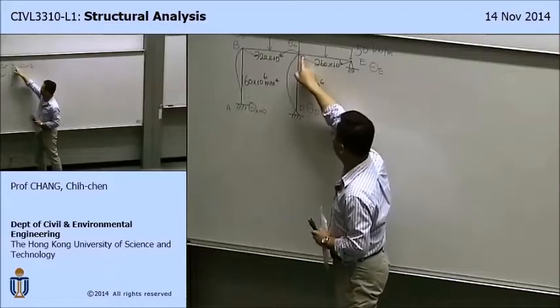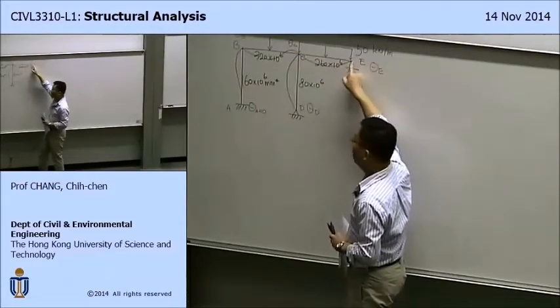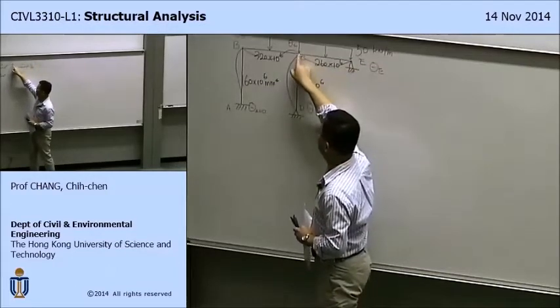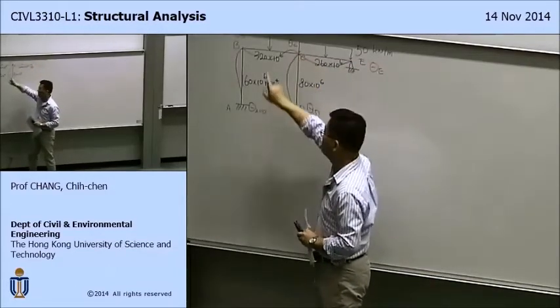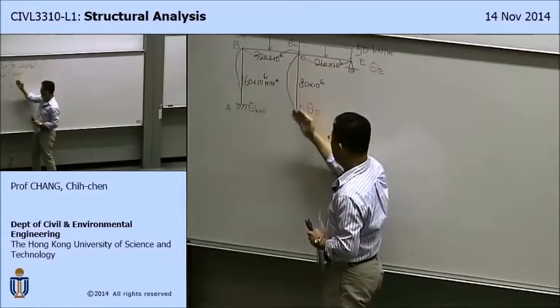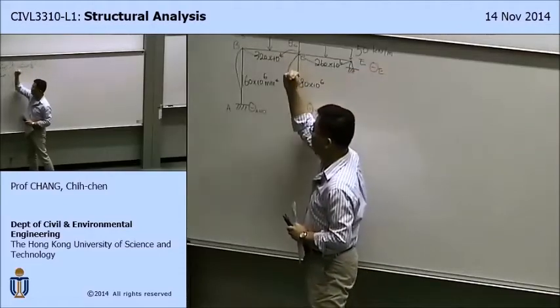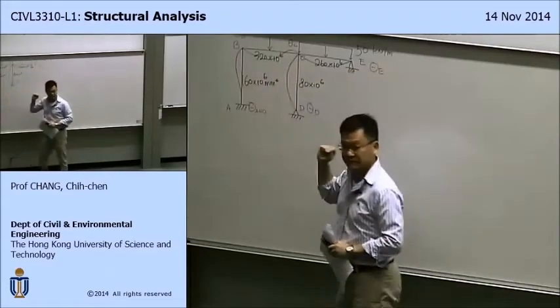And write this moment in terms of its own rotation angle, but not this. Then you will see that you will only end up with 2 unknowns, theta B and theta C, and not theta D and not theta E.